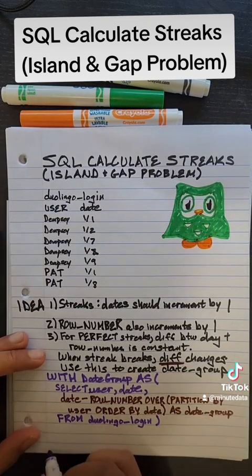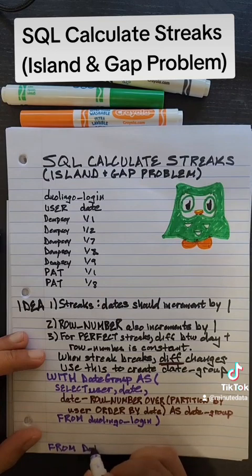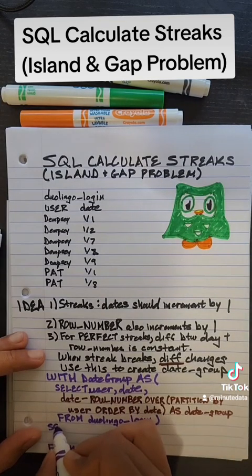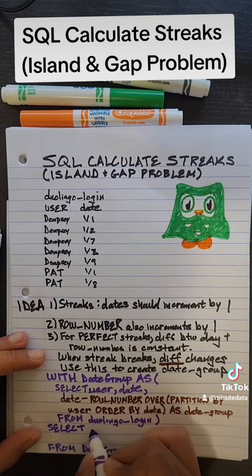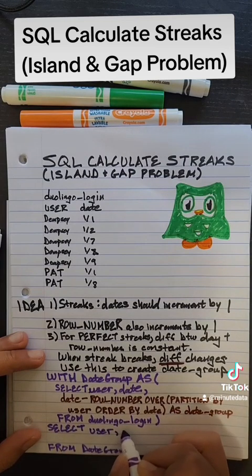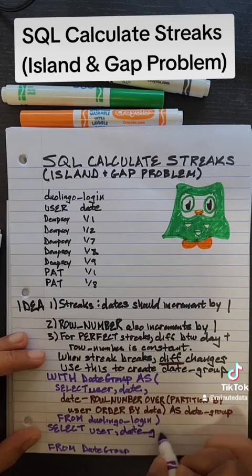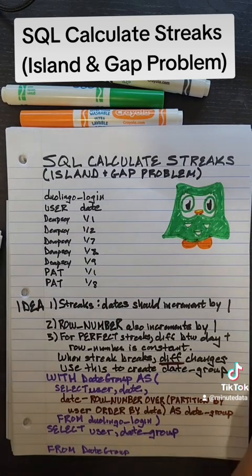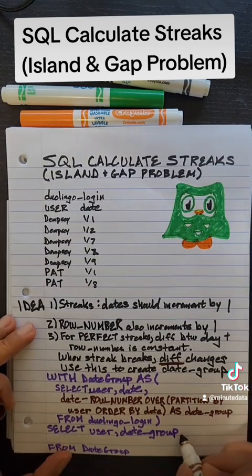And then with this table, from this date group CTE, we're going to select user, date group, and then let's say we're calculating the length of a streak.